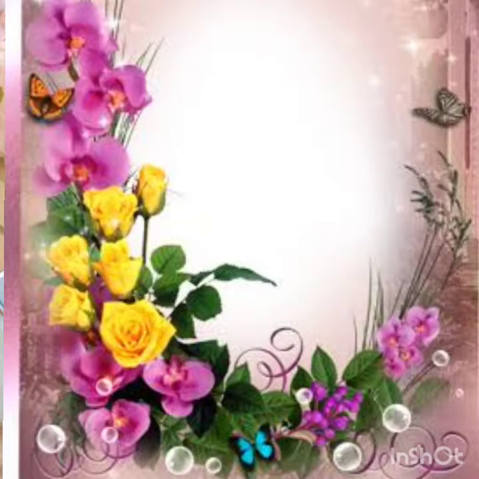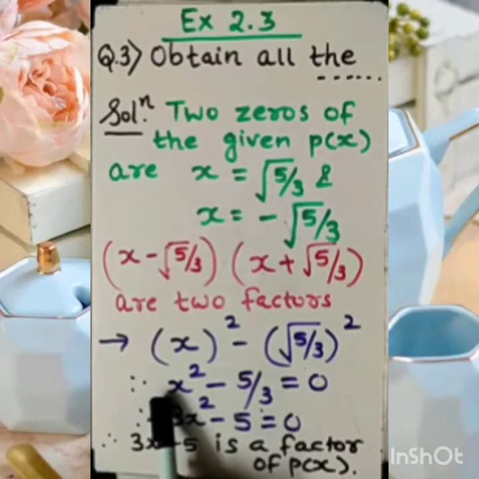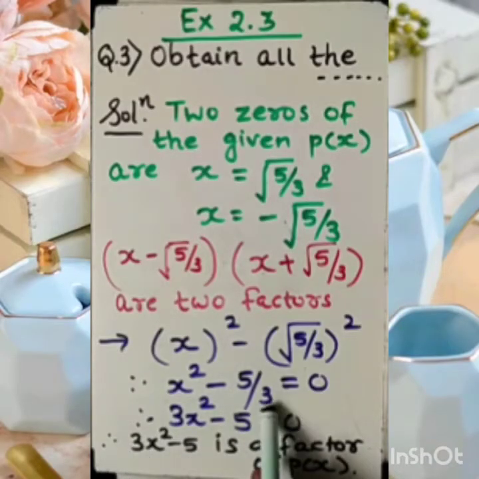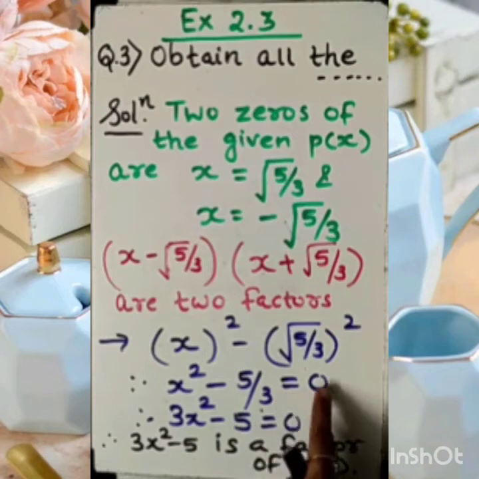So here x whole square minus root 5 by 3 whole squared, the square root and square will cancel, so 5 by 3, and that equals 0 as we are considering. If I take 3 as the LCM, then I will have 3x square minus 5.